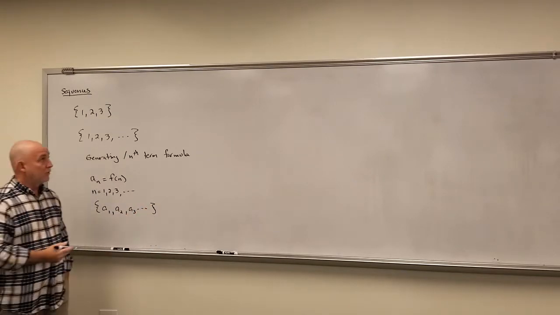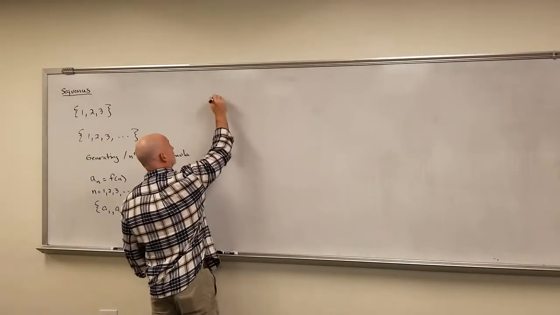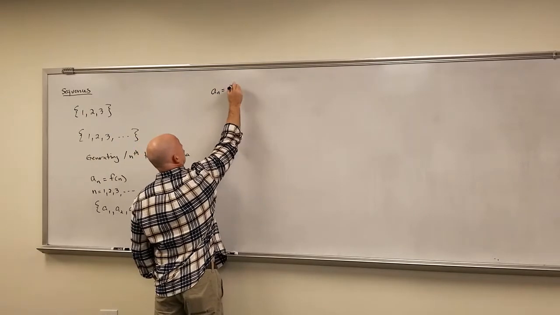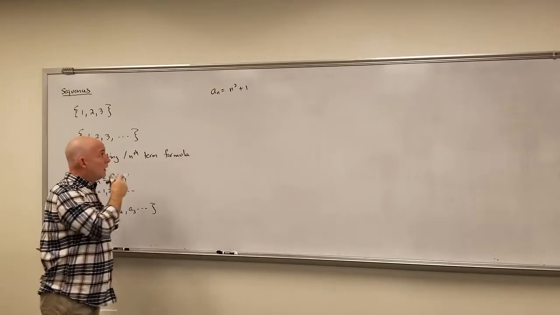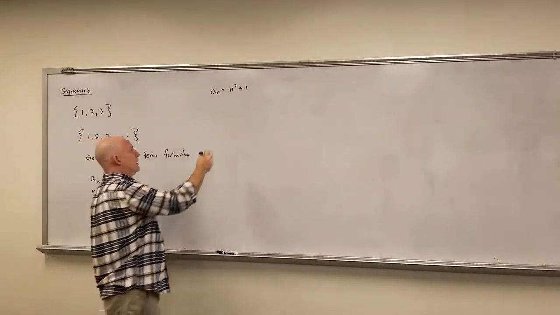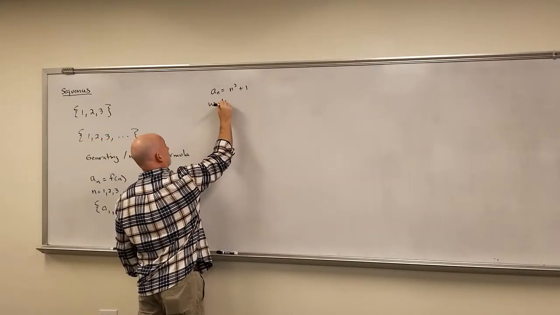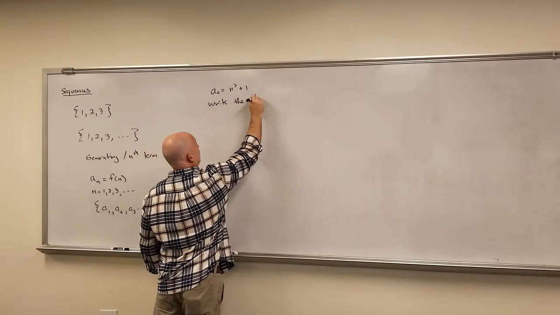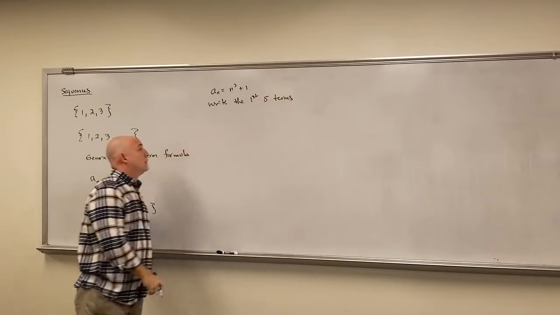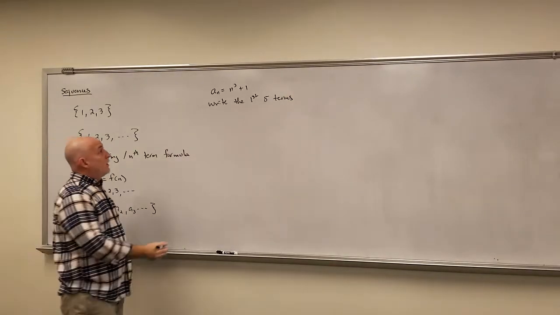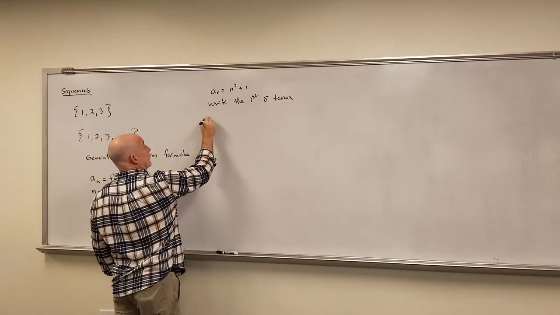So let's do a quick example. Let's say I gave you the generating formula or the nth term formula of n squared plus 1, and I said, write the first 5 terms. Okay, so for our first 5 terms, we just start plugging in values.